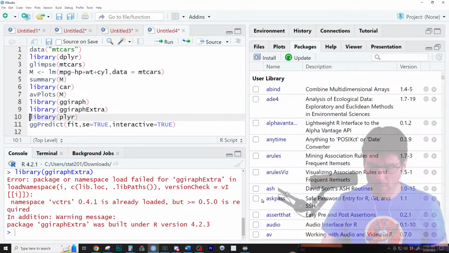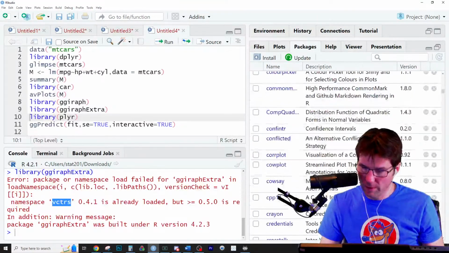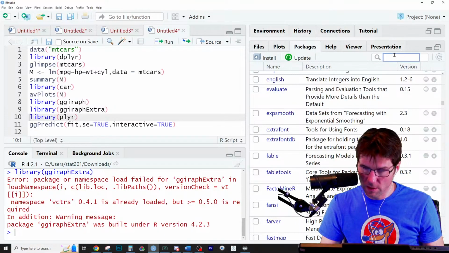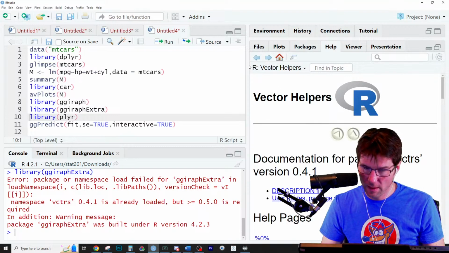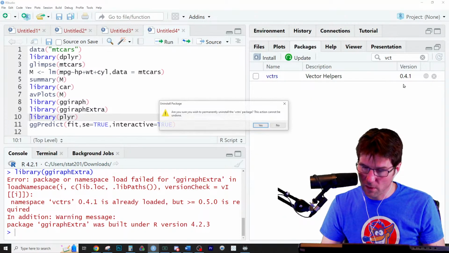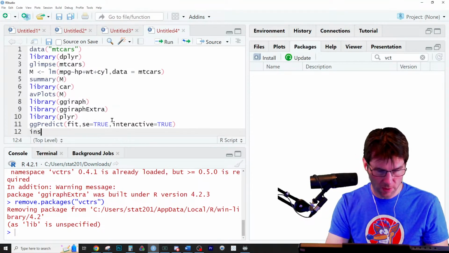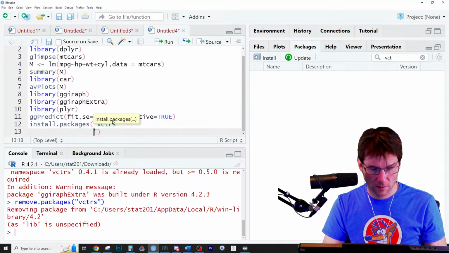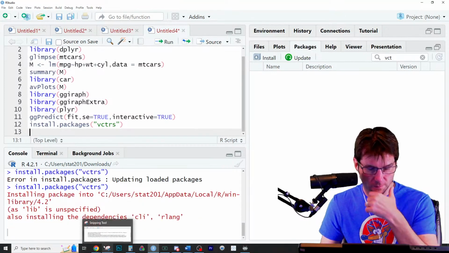It's saying it requires an update to vctrs. So what we need to do is go here to vctrs. And this is the one that is the problem. It's not happy. So here we'll do this. We'll remove that. It's probably a horrible idea. And then we'll do install.packages, vctrs. Oops. And nope.